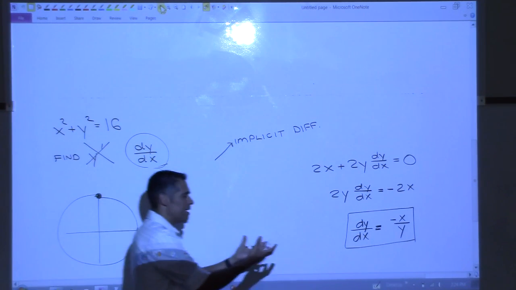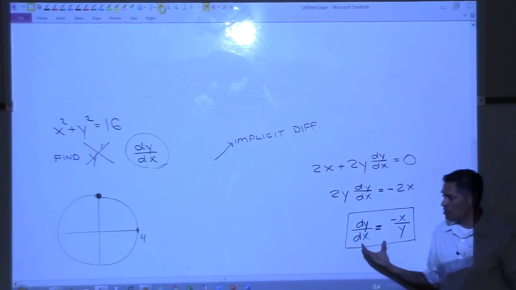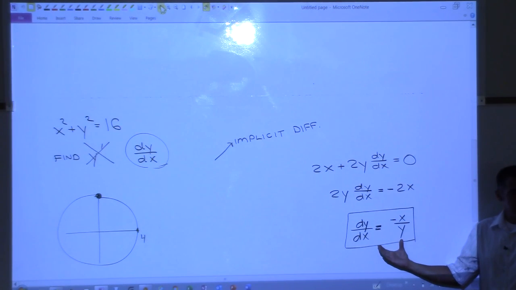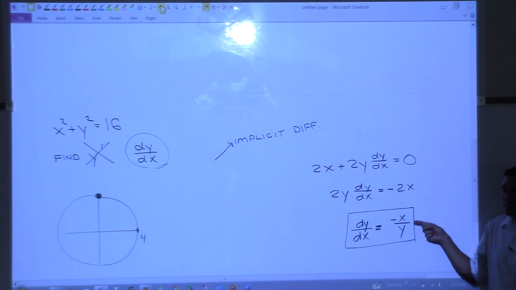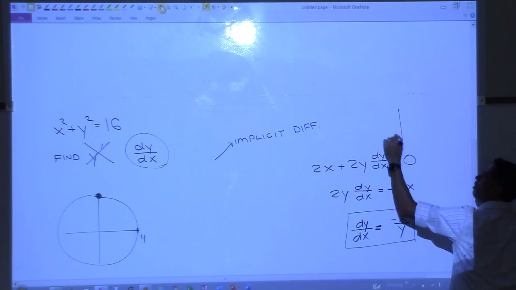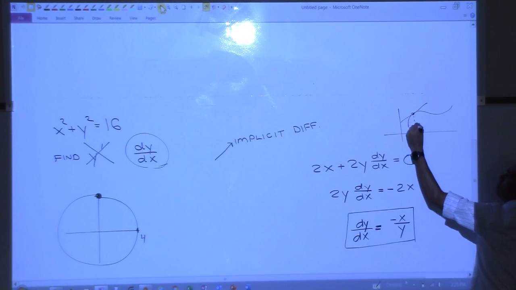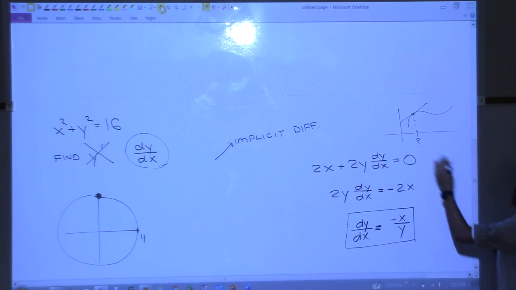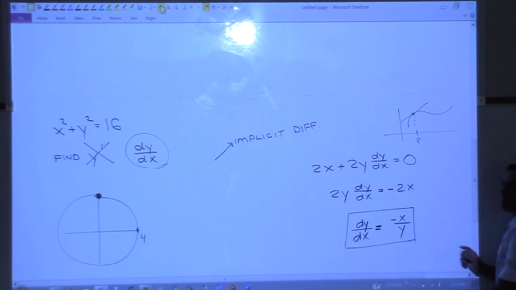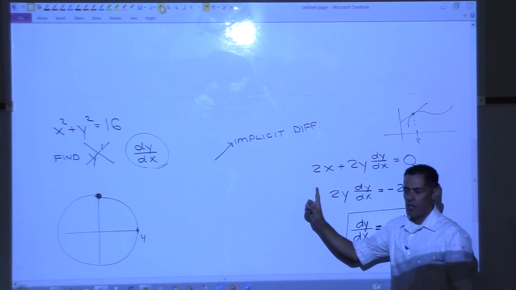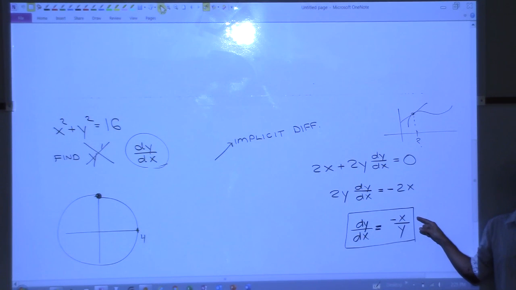The formula that we came up with that gives us the slope of the tangent line actually requires 2 pieces of information. Do you all see that? It requires both the x and the y coordinate of the point. You know how before, when we were doing these problems, if I wanted to know the slope of the tangent line here, all I would need to know is that x value right there? You give me the x, I give you the slope. With implicit differentiation, for most of the problems, you'll need to know the x and the y coordinate.